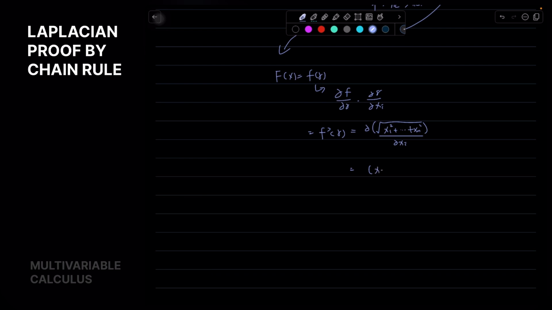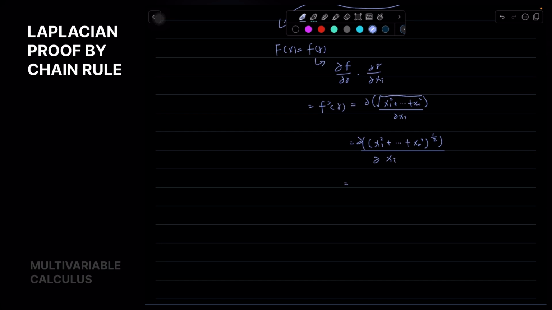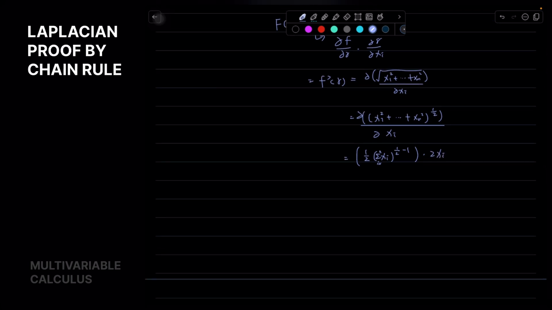We can have x1, take the derivative, we get this, which is also by chain rule. We simplify this expression.